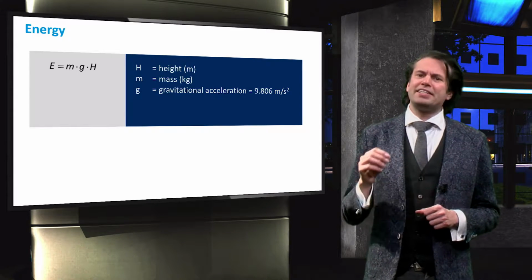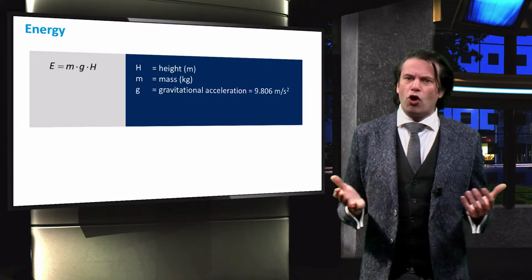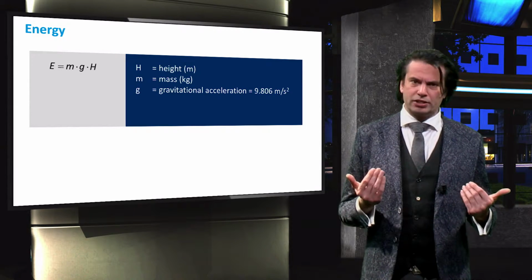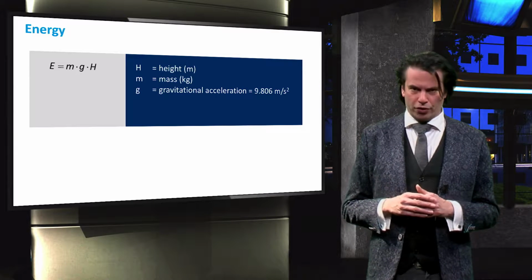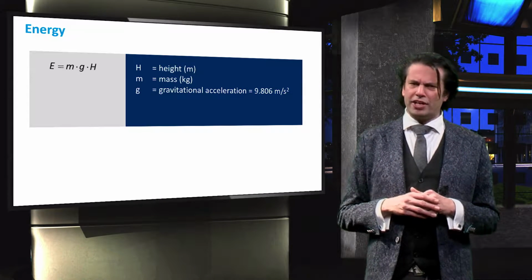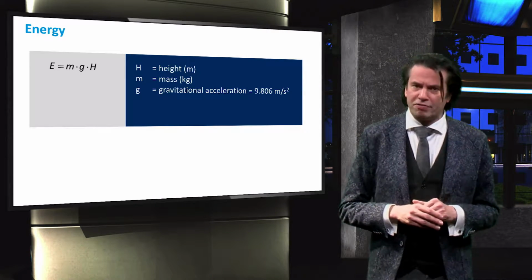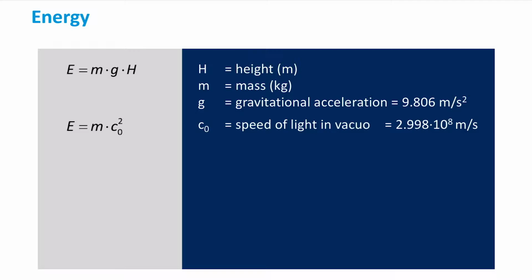We have related energy to the mass of an object and the height of that object with respect to the surface of the Earth through the gravitational acceleration, which is derived from the gravitational constant.